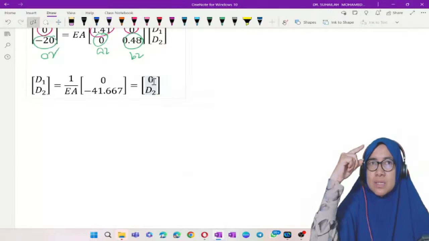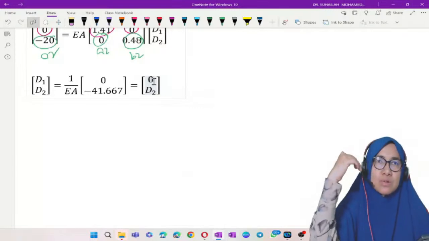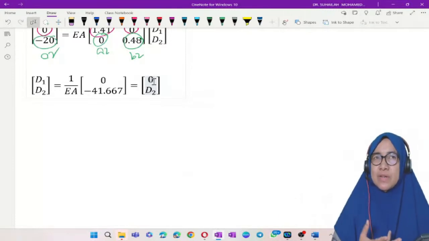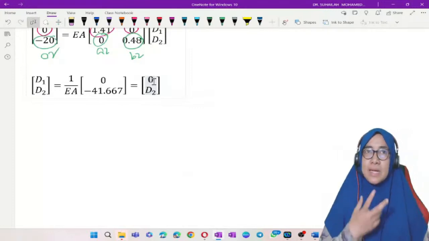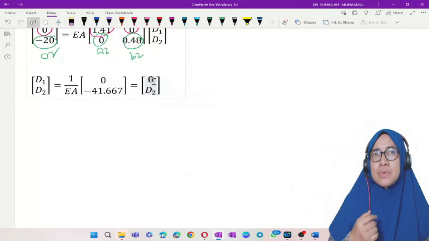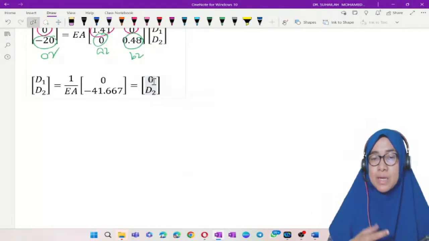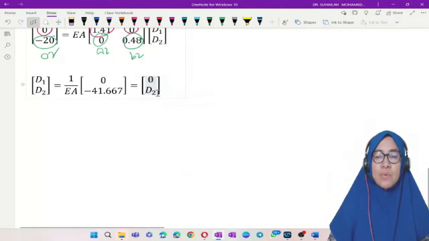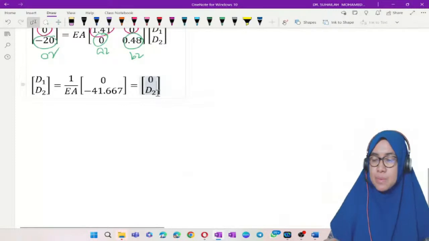It has vertical displacement, not horizontal displacement, because there is no horizontal force given in the question. If a horizontal force is given in the question, then D1 would represent horizontal displacement. D2 represents vertical displacement because there is the 20 kilonewton force.